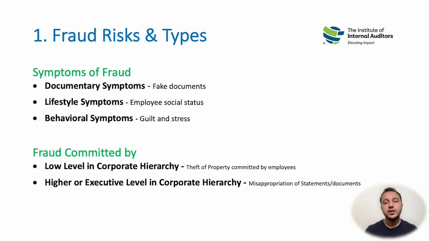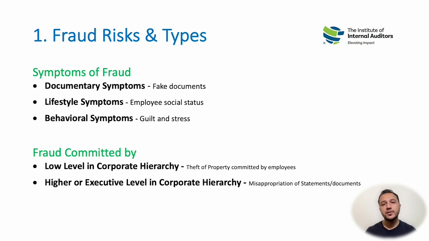If a fraud is committed by low level staff, it is generally about stealing something, maybe something the company manufactures, they just take it out, or any of the assets, or cash maybe. So generally low level staff go for such kind of activity.